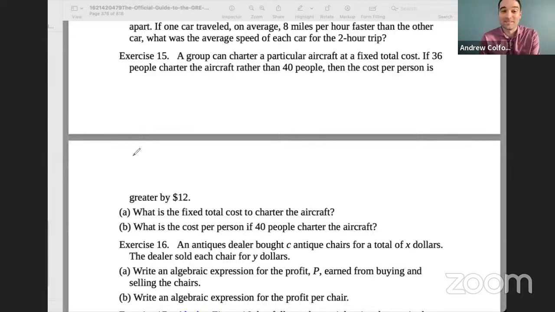$100. Seems a little low. Why would anyone fly commercial? But that's a reasonable number. So let's just test that. How much does each person pay with 40 people? How much does each person pay with 36 people?